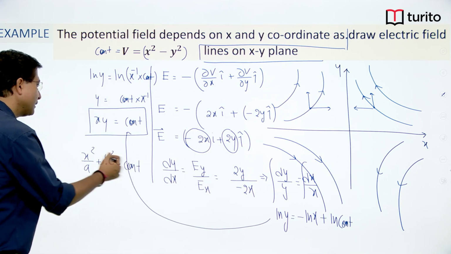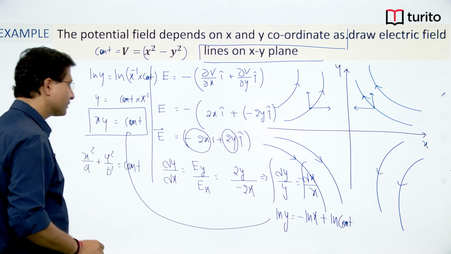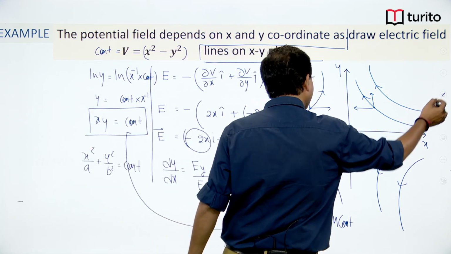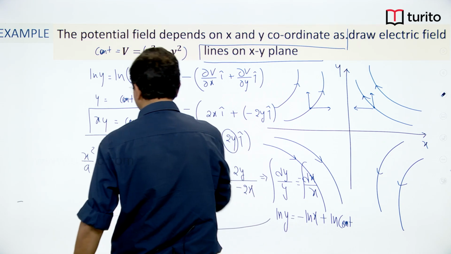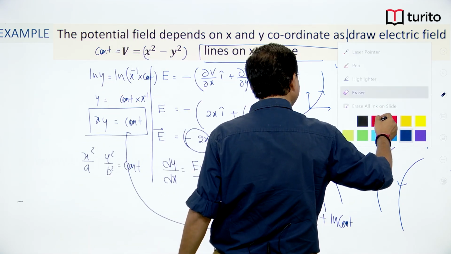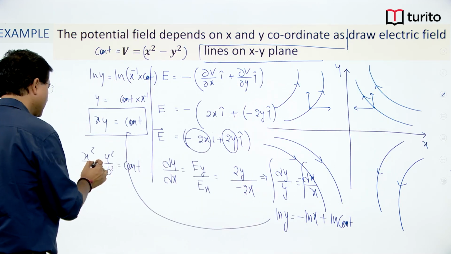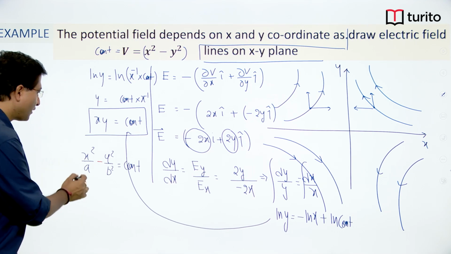This is the equation of an ellipse, right. If I put a minus sign here, then this is the equation of a hyperbola.